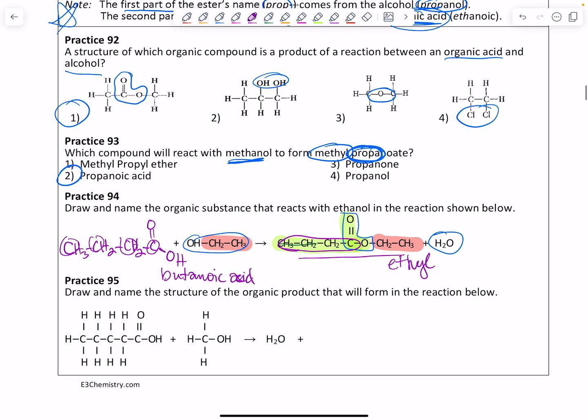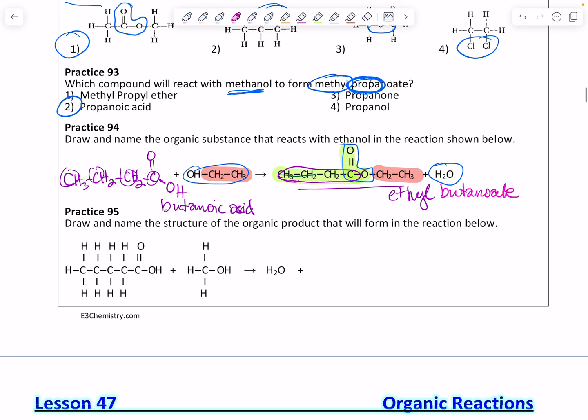The second part of the name comes from what's highlighted in that yellowy green that had the 4, so it would be butanoate. So ethyl butanoate would be the name of that product, even though they didn't ask for that in the question.